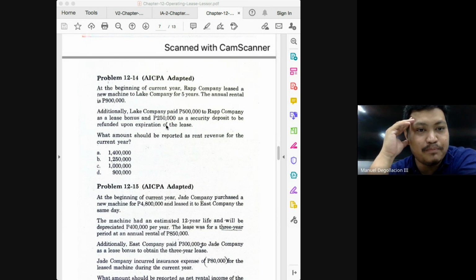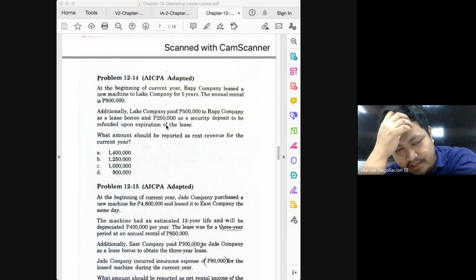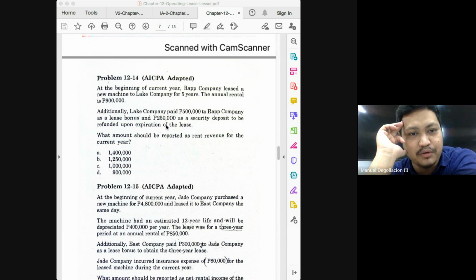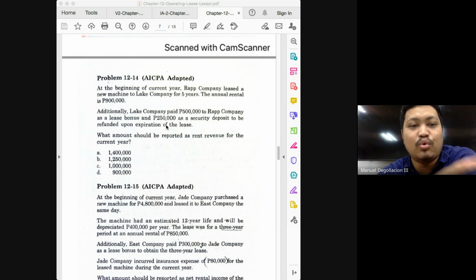This is an amount paid by the lessor, but the amount paid will not be reported as an expense outright. It will be spread out throughout the lease term. Okay, so again, the lease bonus paid by the lessor will also be amortized over the lease term. As an alternative way of treating this, you can just deduct this from the total collections from the contract for you to get your annual rental revenue.